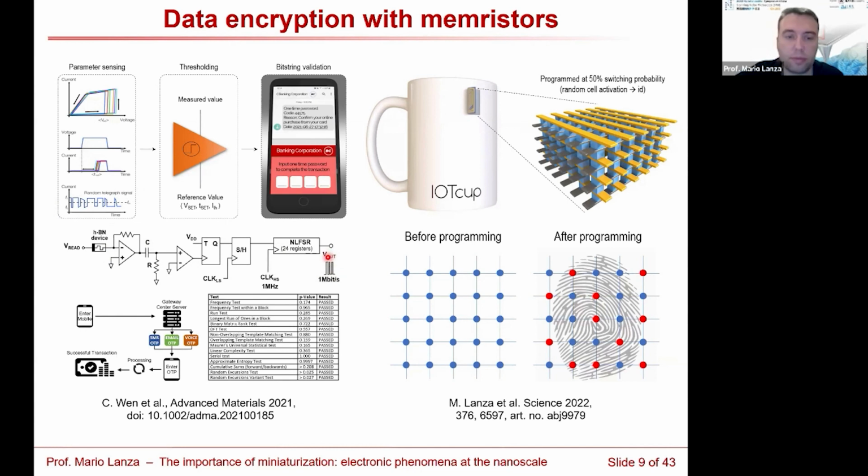So this is an output that fluctuates at high frequency between 1s and 0s in a completely random way. And this is good because with this, we can generate true random numbers, which is the typical application that we use when we make, for example, online payments with our phone. We receive a one-time password that has to be completely random so that nobody can hack your bank account or your money transfer.